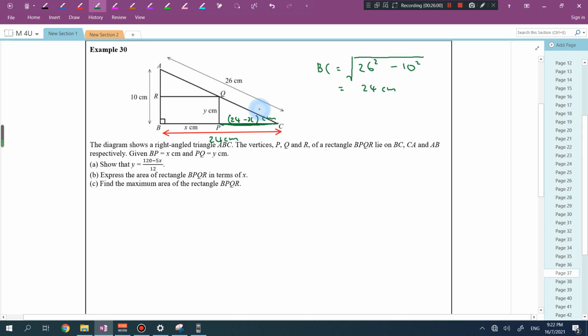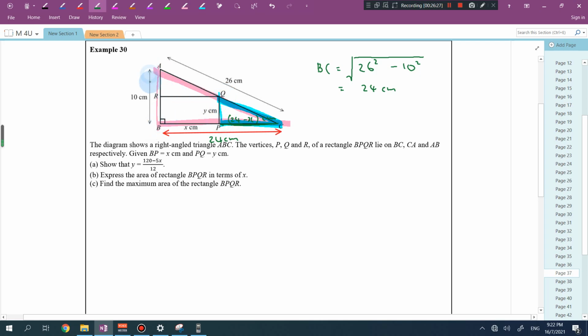Now we actually have two similar triangles, right? This triangle, and another one is this triangle. These two triangles are similar triangles. So we can use the property of similar triangles to help us form an equation. Y, the corresponding side of this will be AB, right?